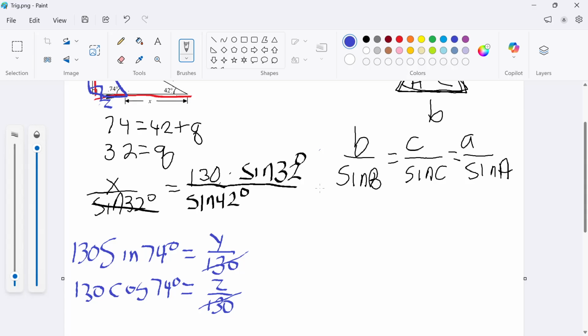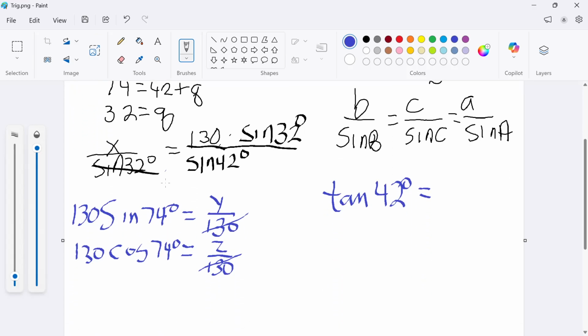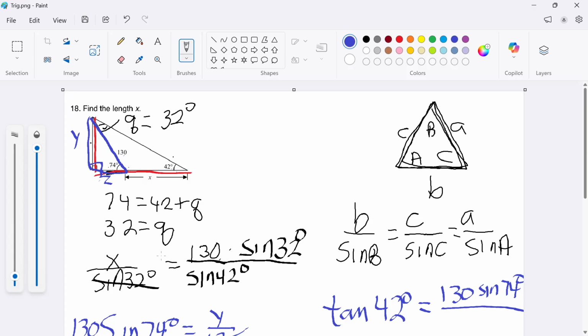So the tangent of 42 degrees equals opposite, which is y, which is 130 sine 74 degrees, divided by z plus x, because this whole side of the big right triangle is z plus x.